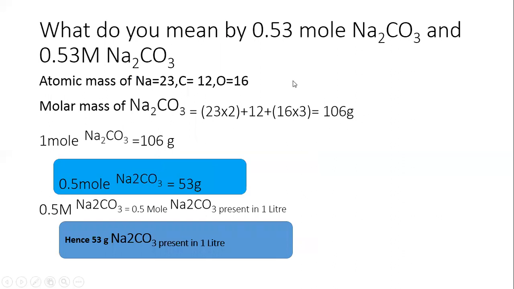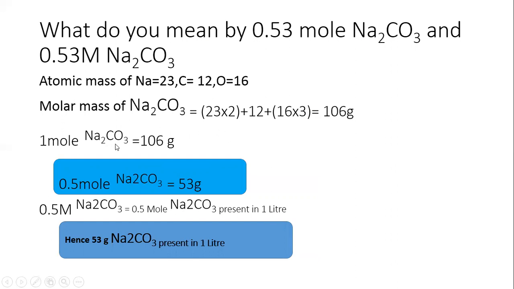What do you mean by 0.53 moles Na2CO3 and 0.53 m Na2CO3? We know that atomic mass of sodium is 23, atomic mass of carbon is 12, atomic mass of oxygen is 16. Hence, the molar mass of Na2CO3 equal to 23 into 2 plus 12 plus 16 into 3 equal to 106.